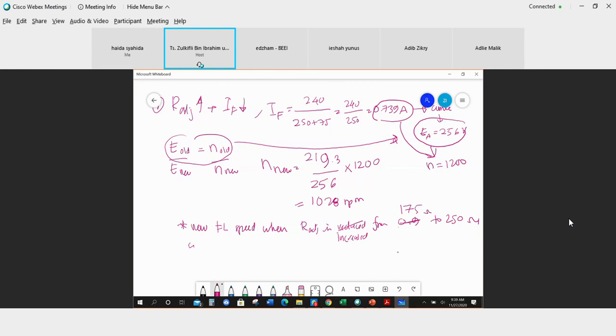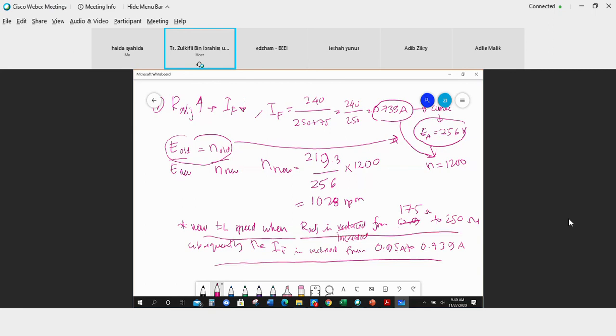Subsequently the IF is reduced from 0.95 to 0.739 ampere. So you see, ini dia punya statement dia.